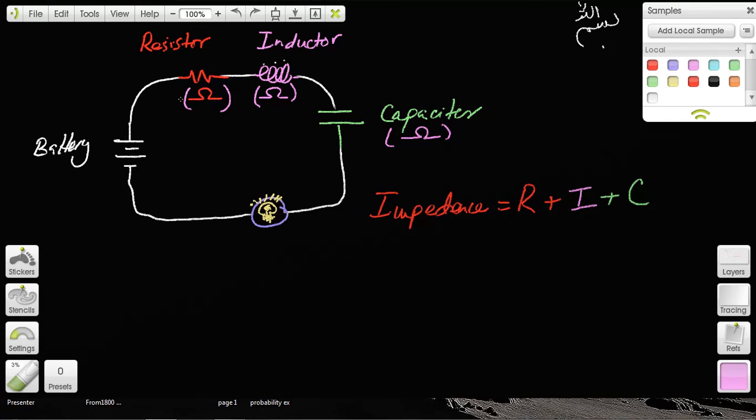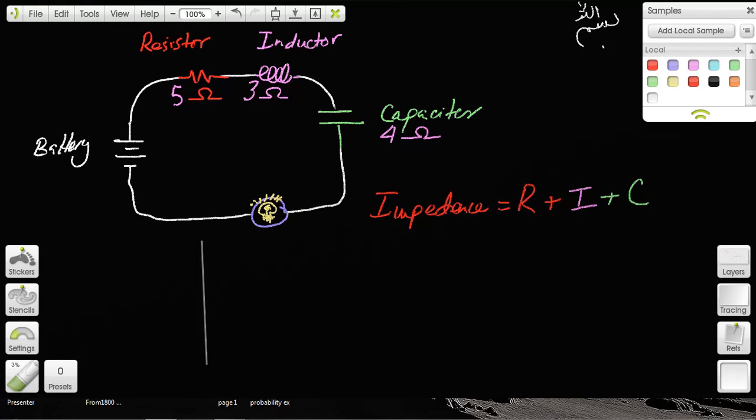Let's say this resistor has a resistance of 5 ohms, and an inductance of 3 ohms, and a capacitance of 4 ohms. So the total impedance is not 5, 6, 7, 8, 9, 10, 11, 12. It's not like that.